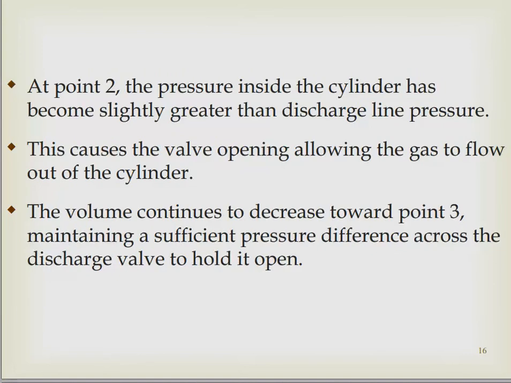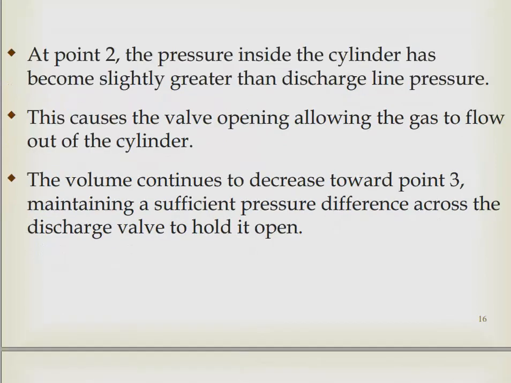At point 2, the pressure inside the cylinder has become slightly greater than the discharge line pressure. This causes the valve to open, allowing the gas to flow out of the cylinder. The volume continues to decrease towards point 3, maintaining a sufficient pressure difference across the discharge valve to hold it open.